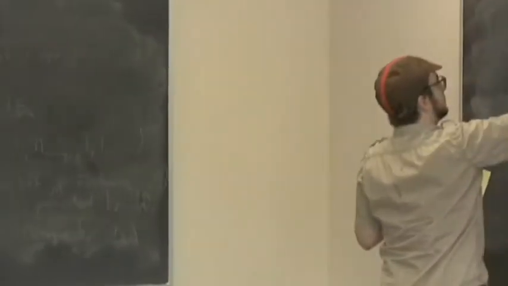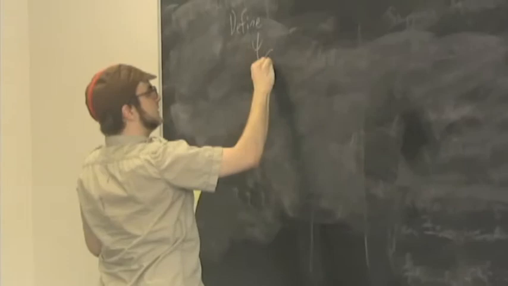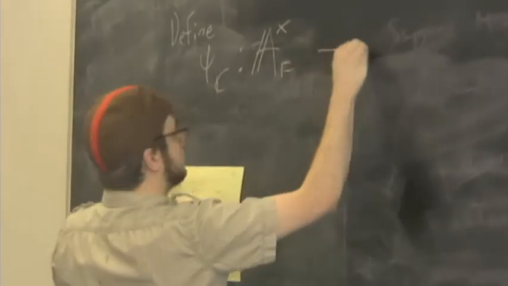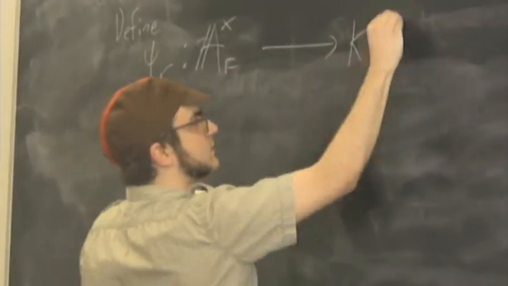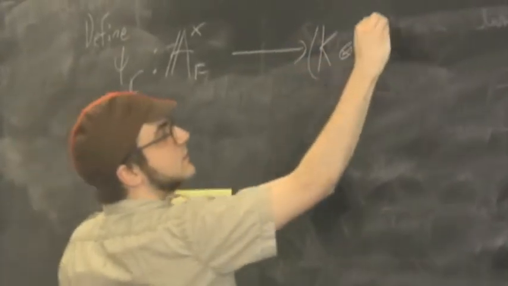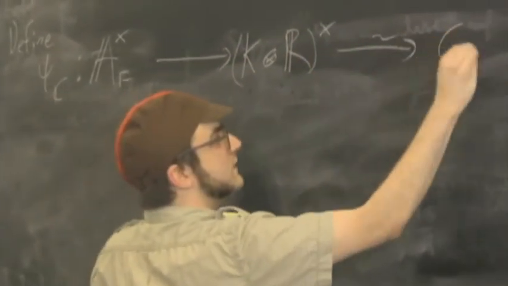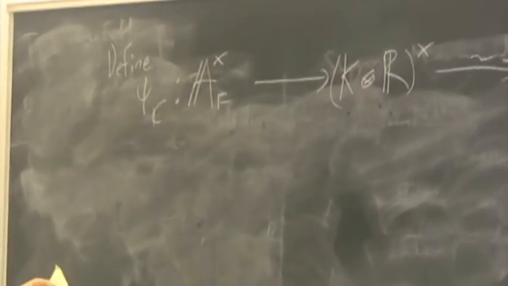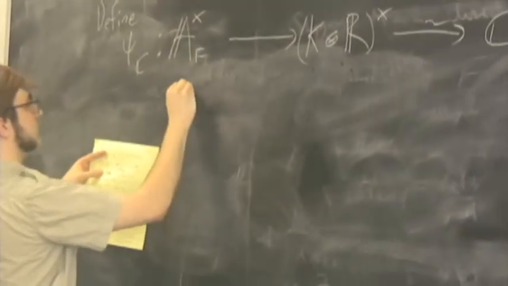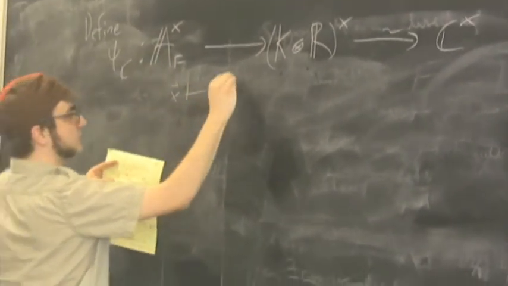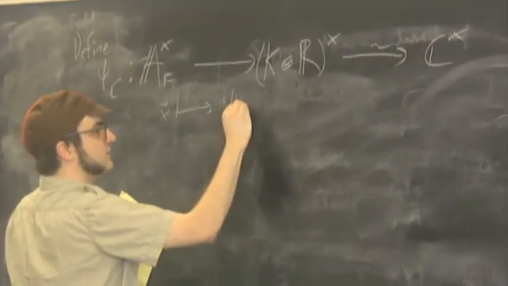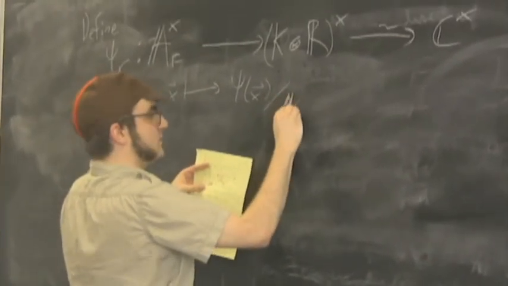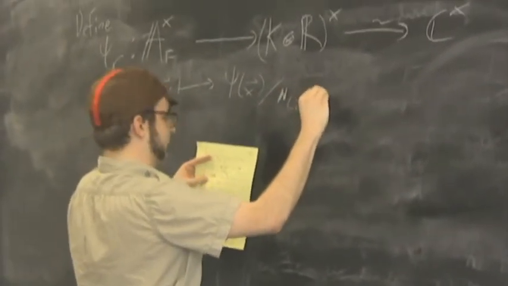We just define a character by taking this character and then going to K tensor R. This is isomorphic to C cross with a choice of basis, which is equivalent to choosing a complex conjugate of i. This is just the map that takes x to psi of x, but then it divides out the norm of psi infinity.